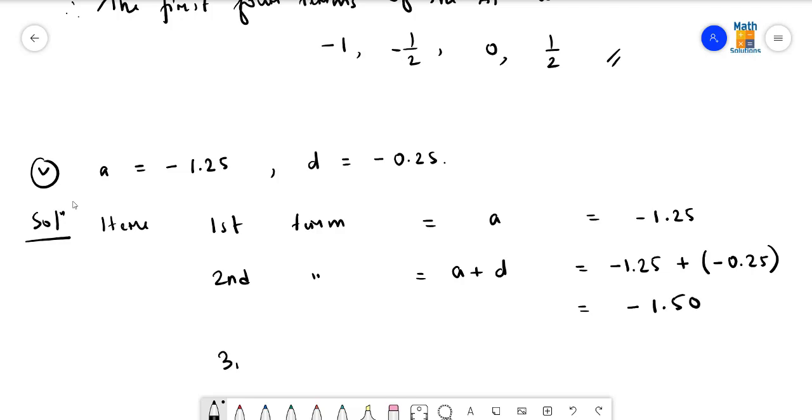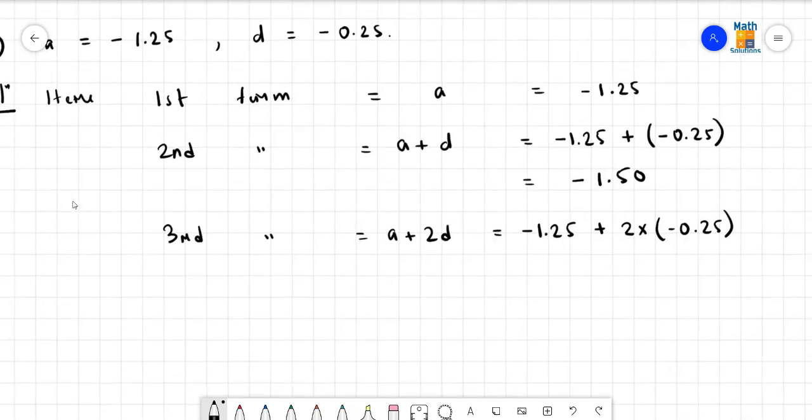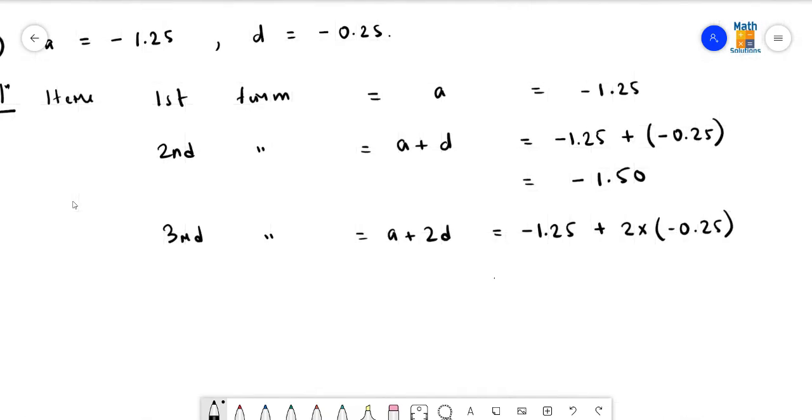Then coming to the third term, what do I get? A plus 2D is equal to minus 1.25 plus 2 into minus 0.25, and the result comes as minus 1.25 minus 0.50.